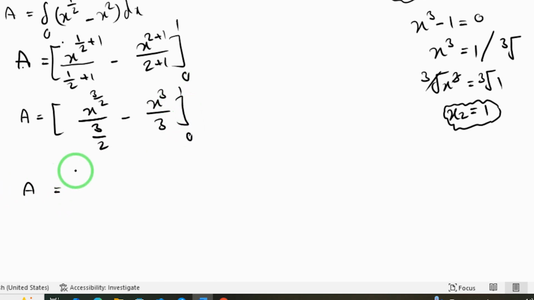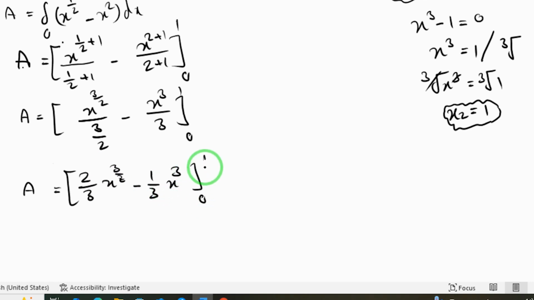Now we convert this, using the reciprocal: 2 over 3 x to the power of 3 over 2 minus 1 over 3 x to the power of 3, from 0 to 1.